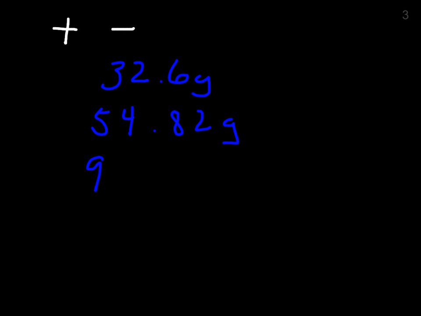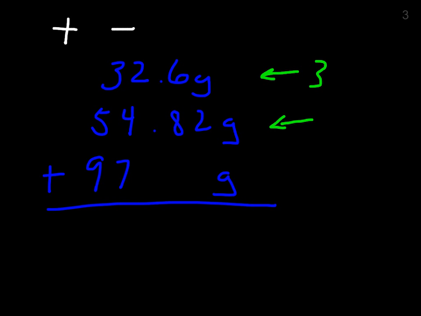Let's say I have a series of numbers: 32.6 grams, 54.82 grams, 97 grams. Okay? I'm going to add these together. Now you already know that the first number has 3 sig figs, this number has 4 sig figs, this number has 2 sig figs, but I'm really not worried about that.